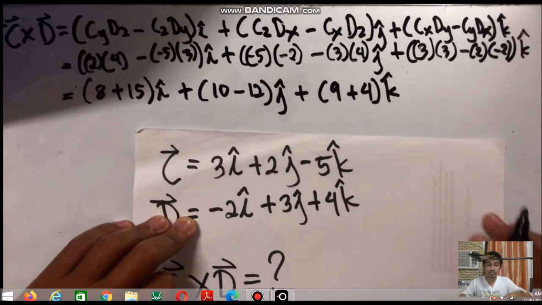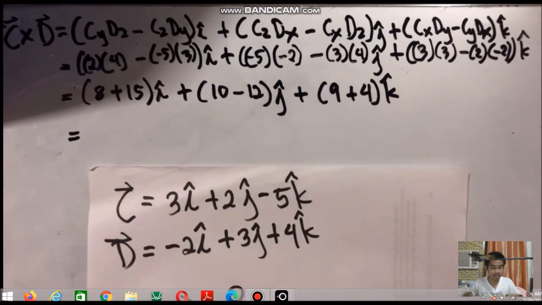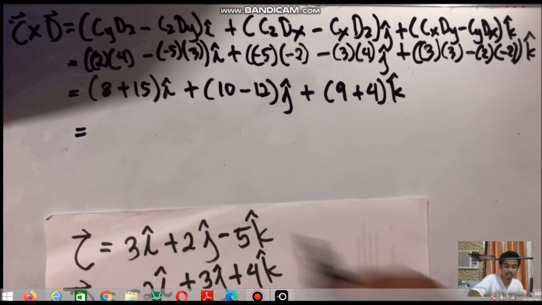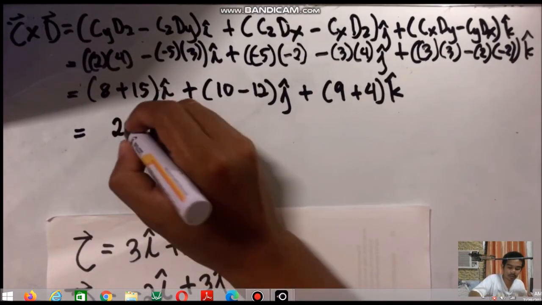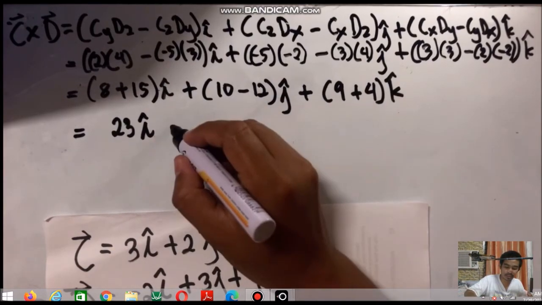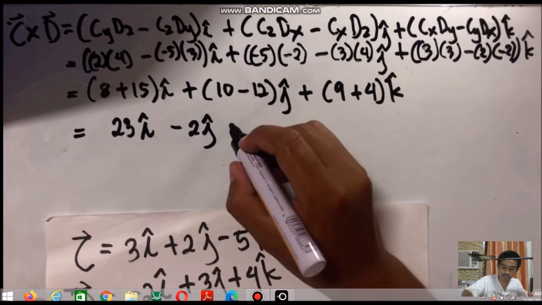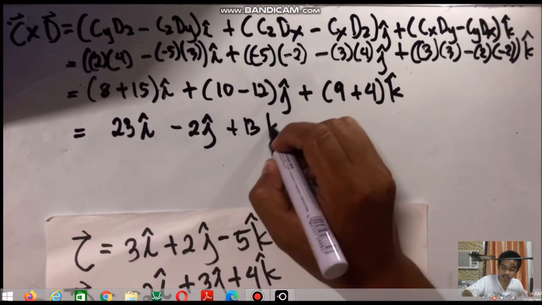k hat. Then we have 8 plus 15, that is 23 i hat, 10 minus 12 is negative 2, so minus 2 j hat, then 9 plus 4 is 13, so plus 13 k hat.